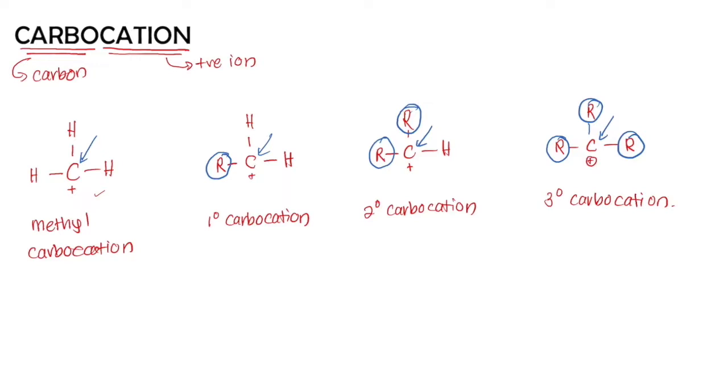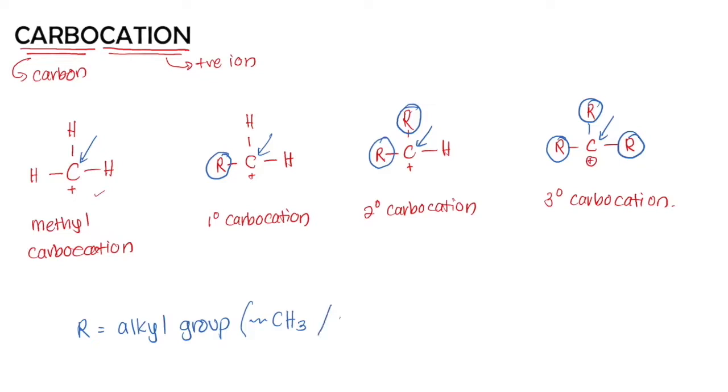Now, in case you're wondering, what is an alkyl group? An alkyl group is like an alkane. Alkane is like CH4, however an alkyl group loses a hydrogen because it becomes a substituent. I will explain more when we learn in chapter 5.